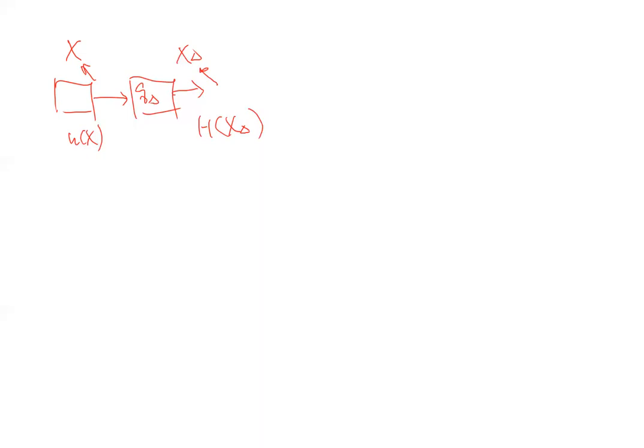So hx is minus the integral of px log px dx, and hx delta is minus the sum of p delta x delta log p delta x delta.